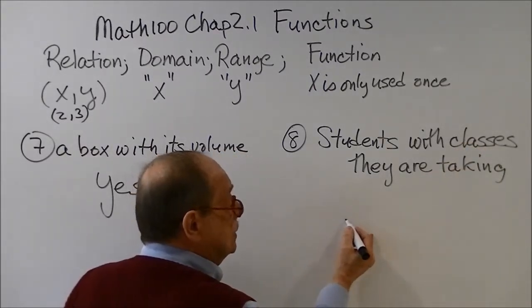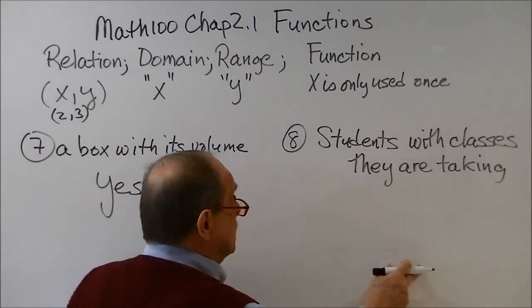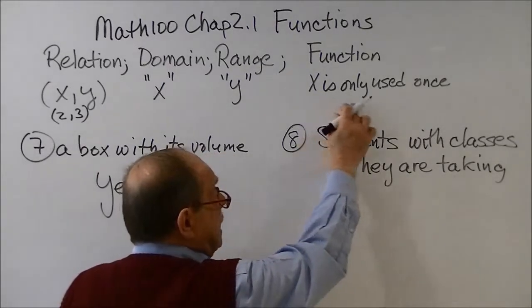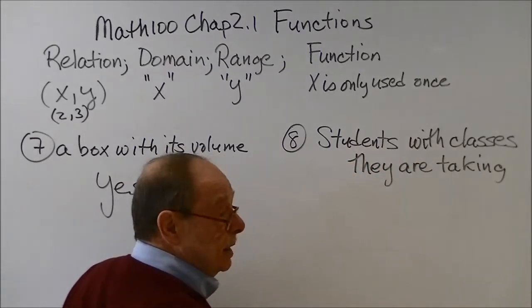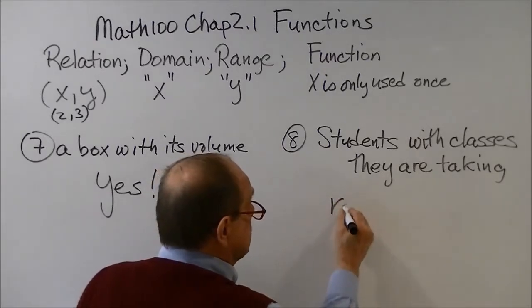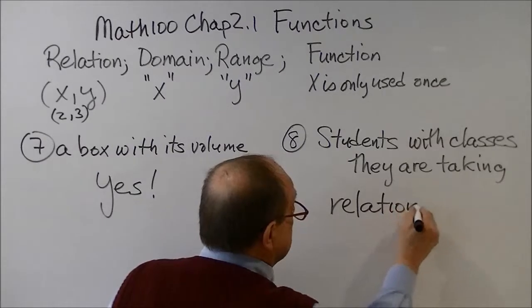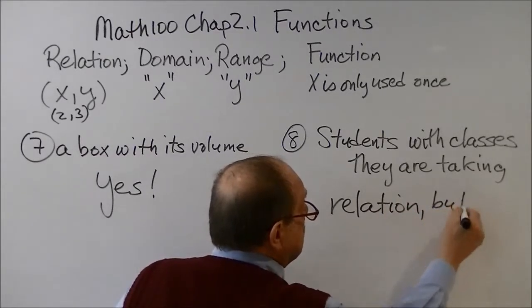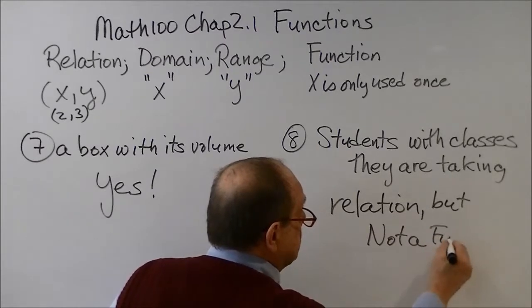So here you would see a student's name with arrows going to more than one place. So the x element, the student, would be used more than once since they're taking more than one class. So it is a relation, but not a function.